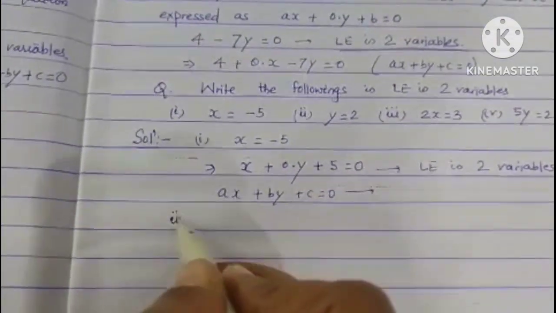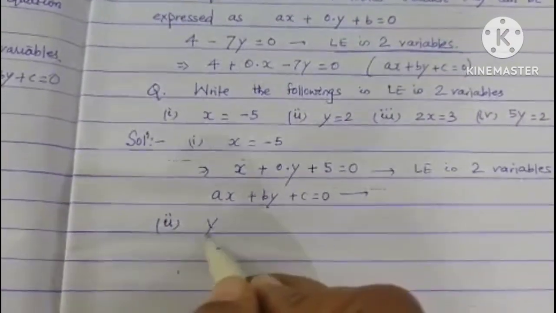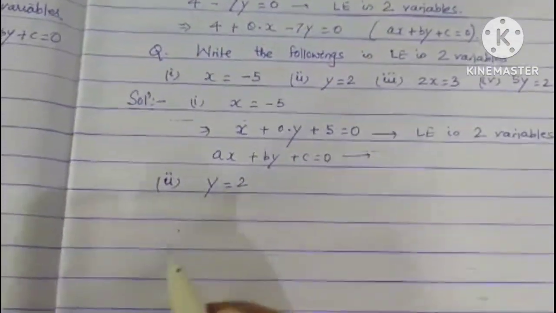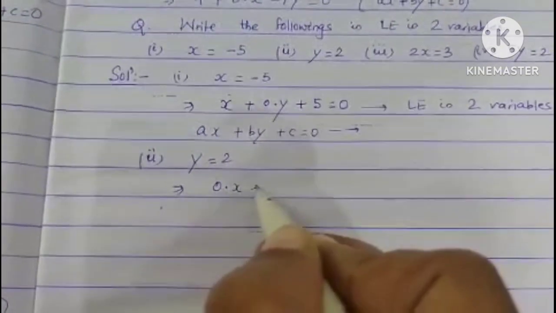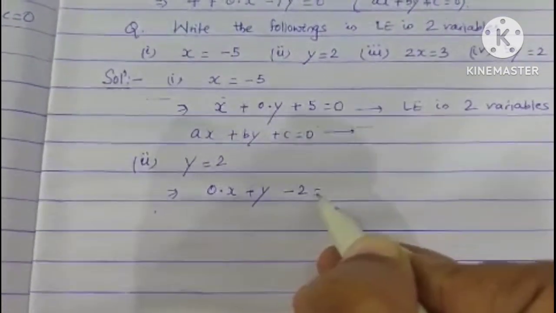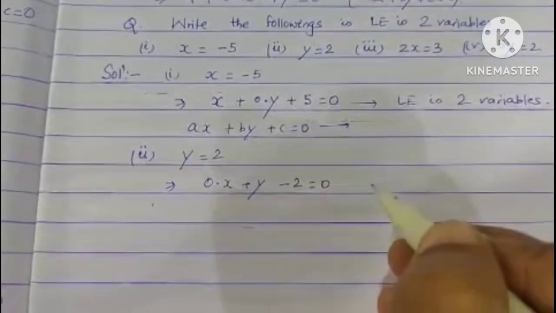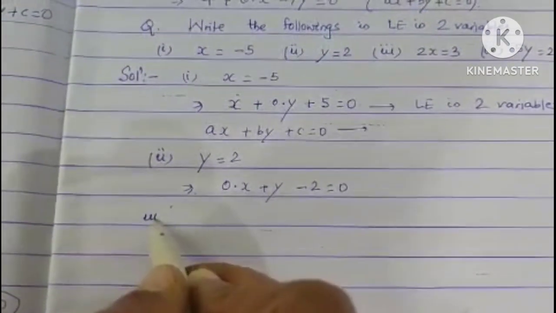Now let us understand the second one. Second one was y equal to 2. Here the x portion is missing, so we will write it like this: 0 into x plus y minus 2 is equal to 0, in the form of linear equation in two variables.